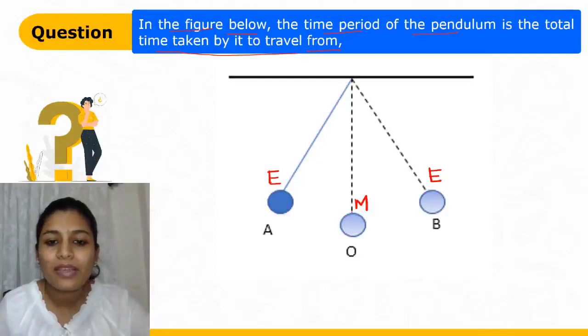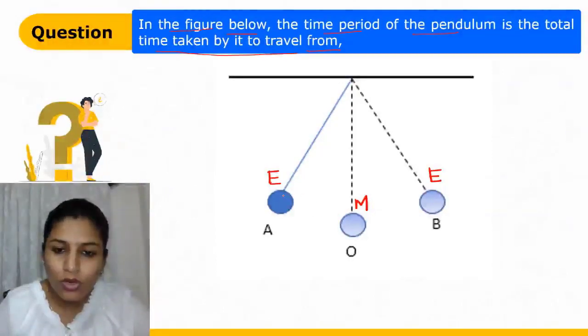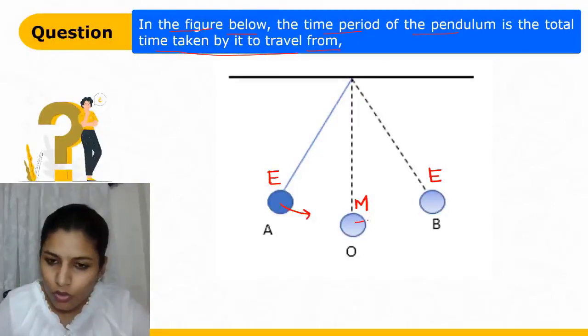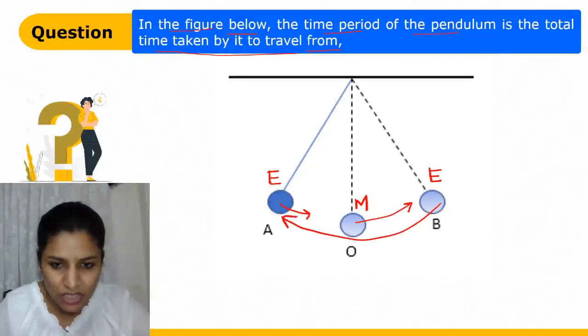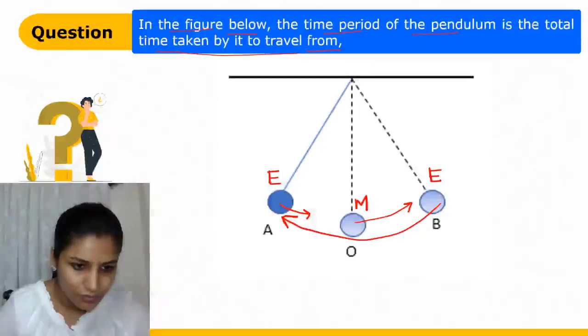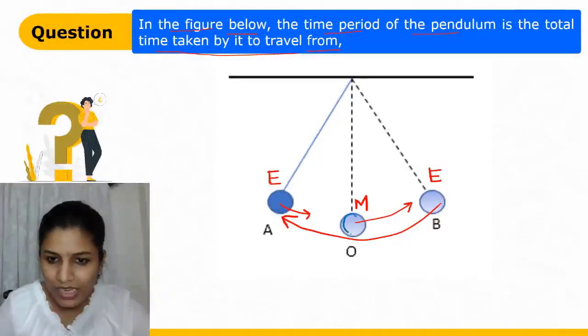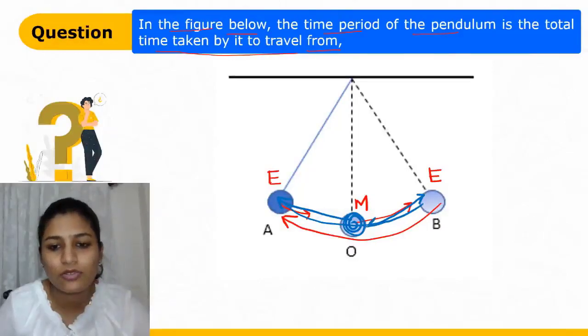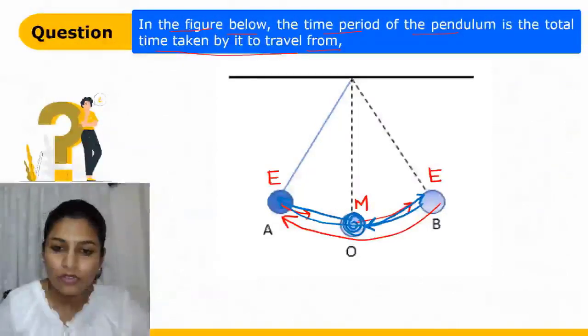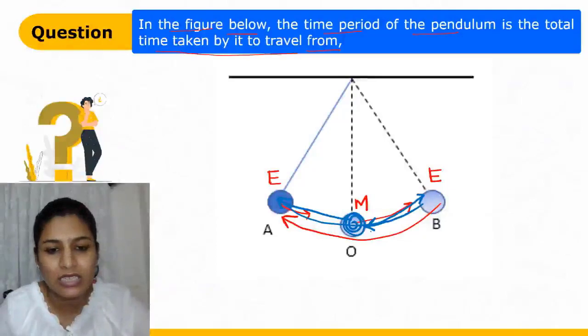So one time period is either equal to when the ball moves from one extreme position through mean through the next extreme position and then comes back to its initial position, or when it moves from one mean position towards one extreme, comes back to its position, goes to extreme and then also comes back to its initial position. So these two can be the correct definition of the time period of the pendulum.